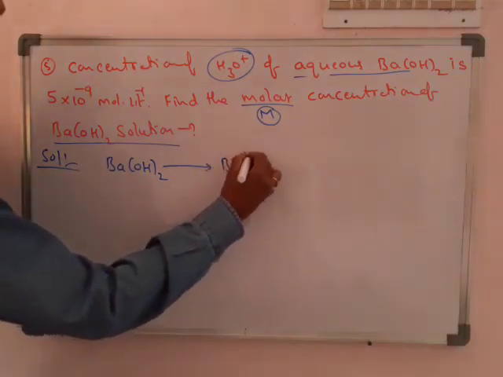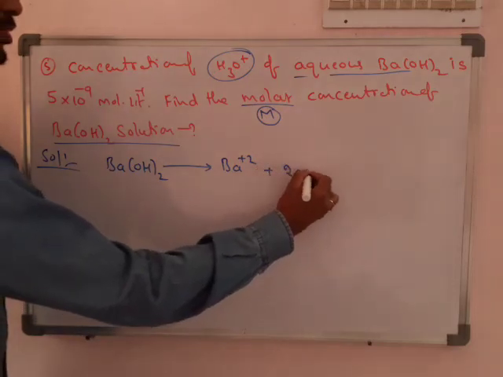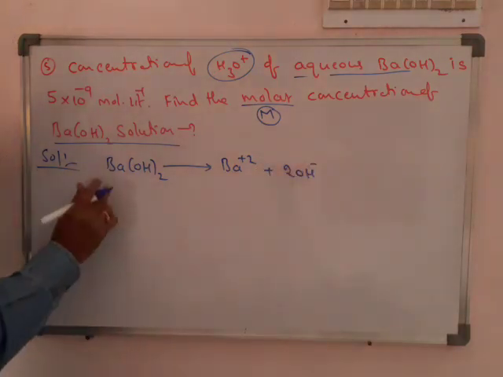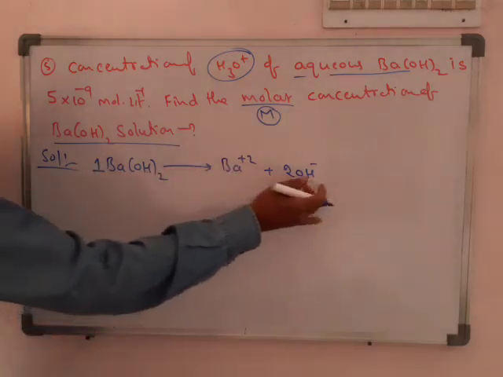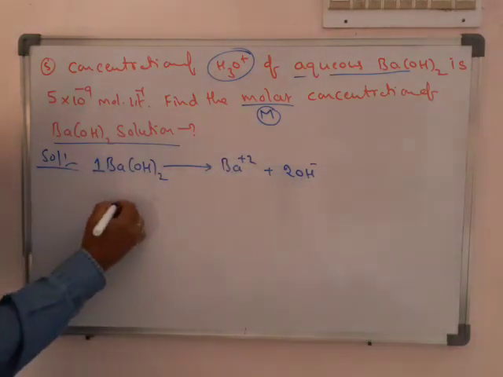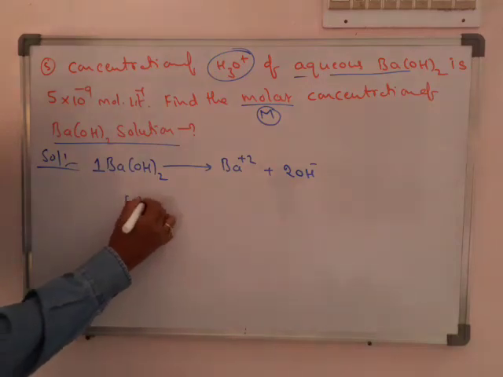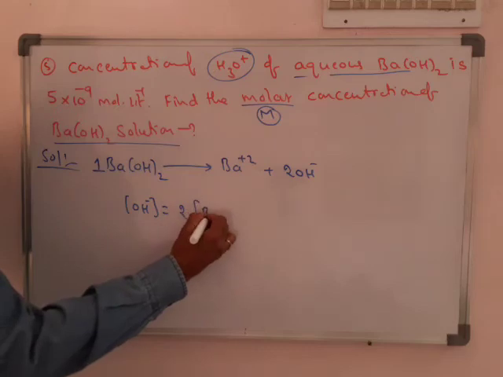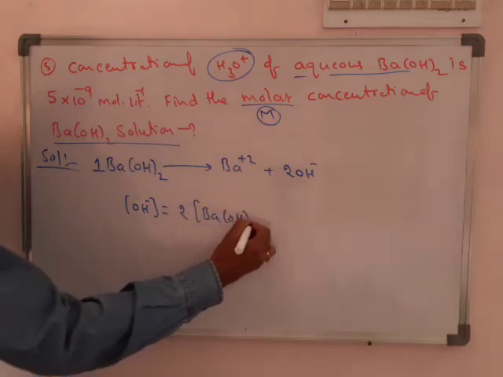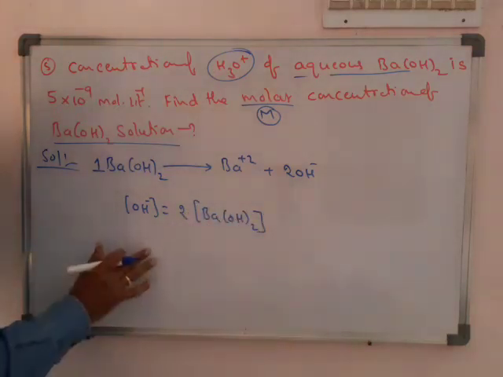We know that Ba plus 2 and 2OH minus, means 1 mole of barium hydroxide can release 2 moles of OH minus ions. Means here the OH minus ion concentration is equal to 2 into barium hydroxide concentration.